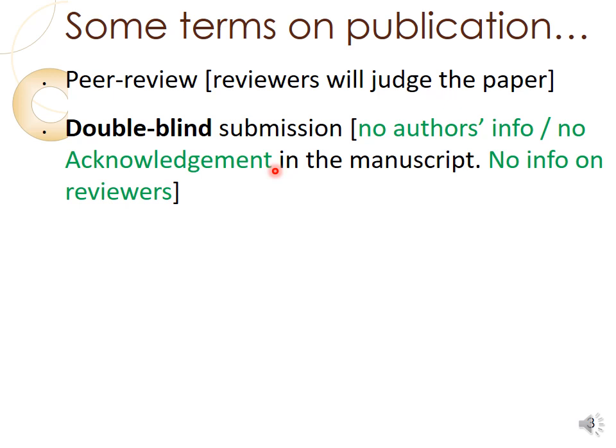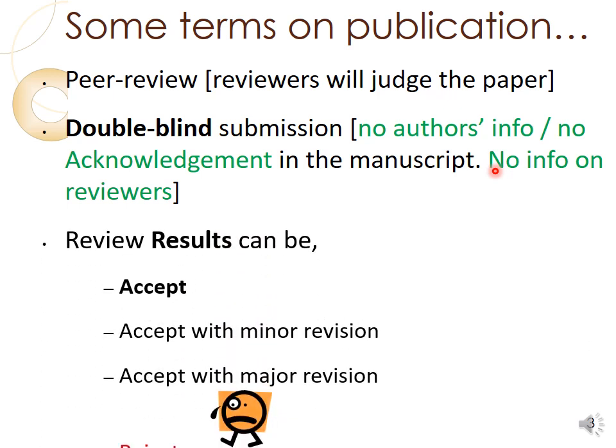At the same time, reviewers' information will not be given to the authors either. There is also single blind submission, where you can put the author's information, but you will never know who the reviewers were. And in some journals, when they publish, they mention the reviewers, or sometimes at least the associate editors who were involved in the decision.